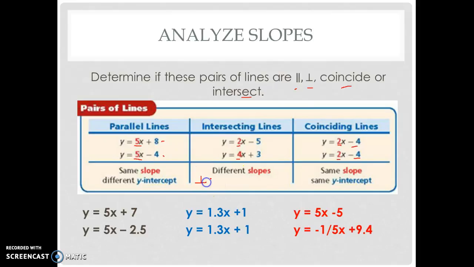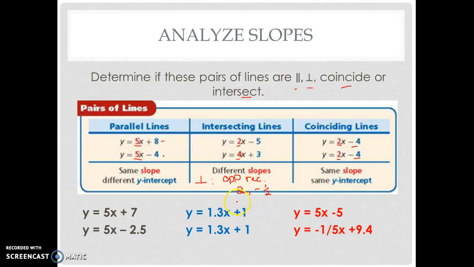If they are perpendicular, the slopes are actually opposite reciprocals, or if you want to think of the word reflipricals. For example, if one slope was positive 2, the opposite has to be the opposite sign, so we now think negative, and it's the reciprocal, so the flip of 2, which is 1/2.